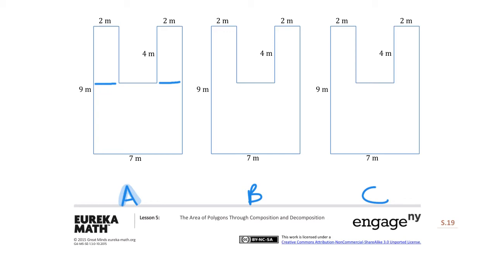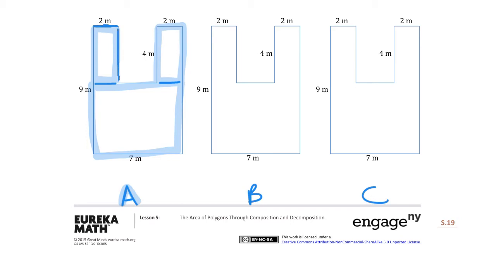My first rectangle is right here. My second one is right here. And then my third one is down here. So I have to first identify the correct dimensions for each of them and then find the area of them. So this one right here, I know that one measurement is 2.